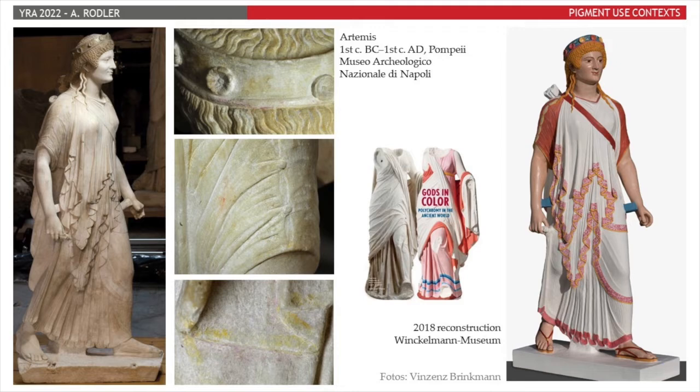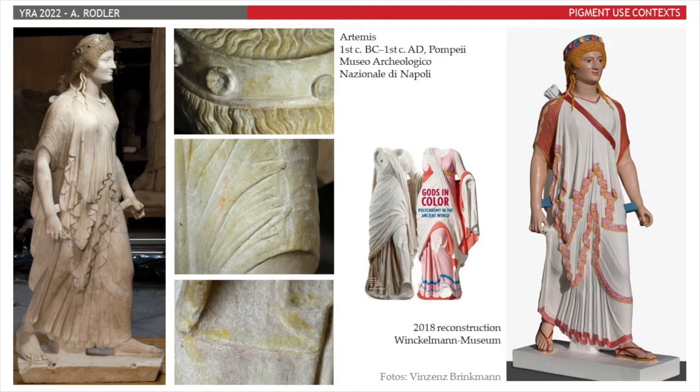And to the side you see a reconstruction from 2018 that's housed at the Winckelmann Museum, which was part of the Gods in Color exhibition. And what you see here are some smaller pictures of paint remains, mostly in yellow, of the diadem, and then the left arm, and then also the color remains on the dress.